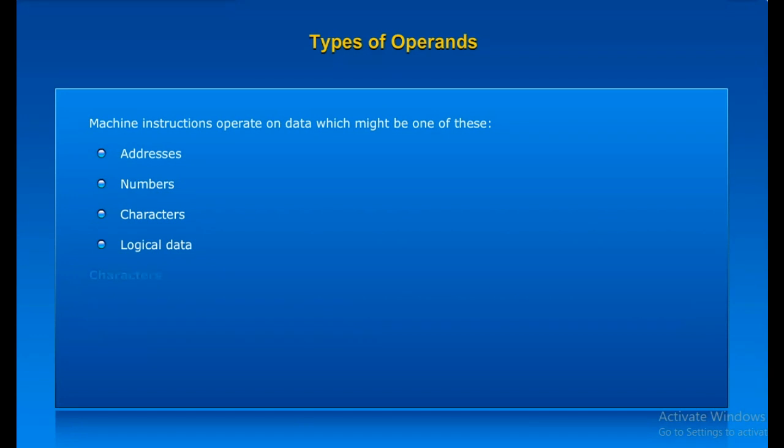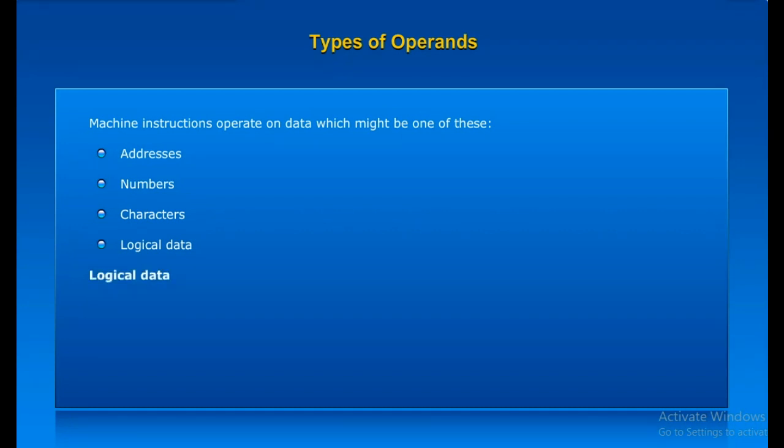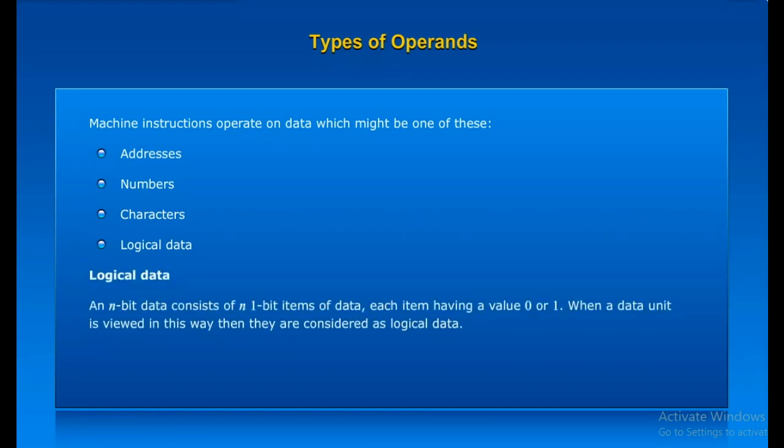The third type of data is characters. These are text and character strings represented in some character codes like International Reference Alphabet (IRA) or American Standard Code for Information Interchange (ASCII). Logical data: an n-bit unit consists of n 1-bit items of data, each item having a value of 0 or 1. When a data unit is viewed in this way, it is considered as logical data.